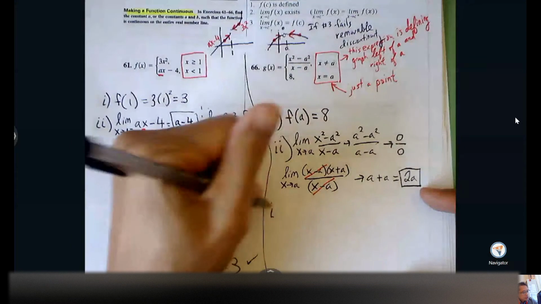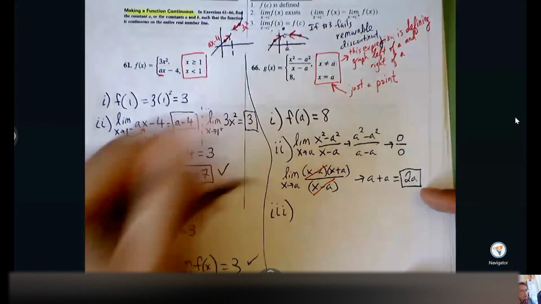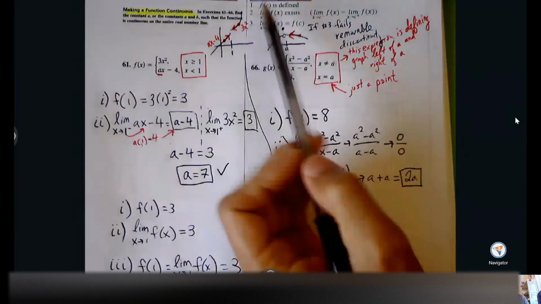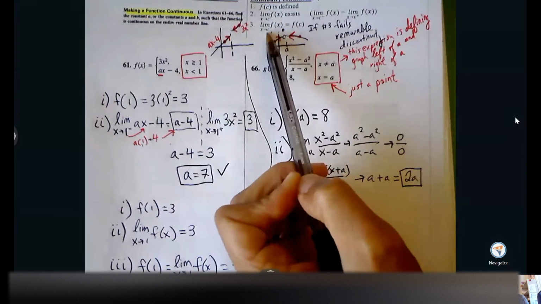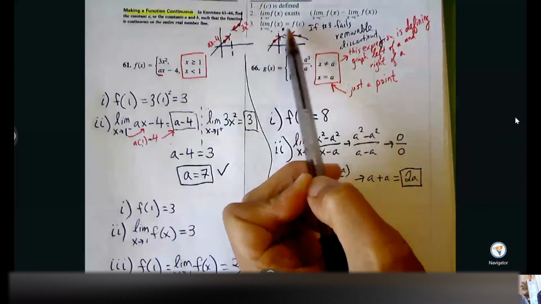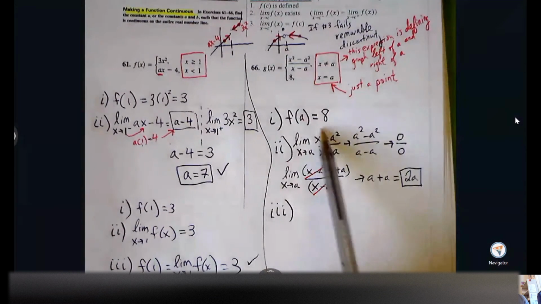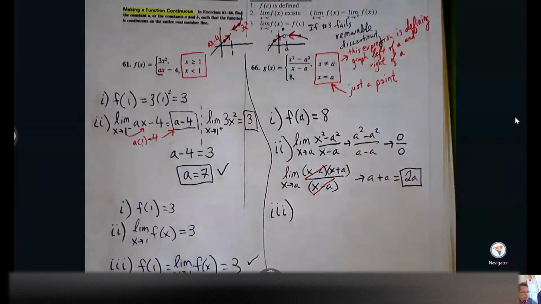Okay, third condition. How would you set up your third condition? You would set them equal to each other. Right. We set the result of the second condition equal to the result of the first condition. So that means 8 must be equal to 2a.